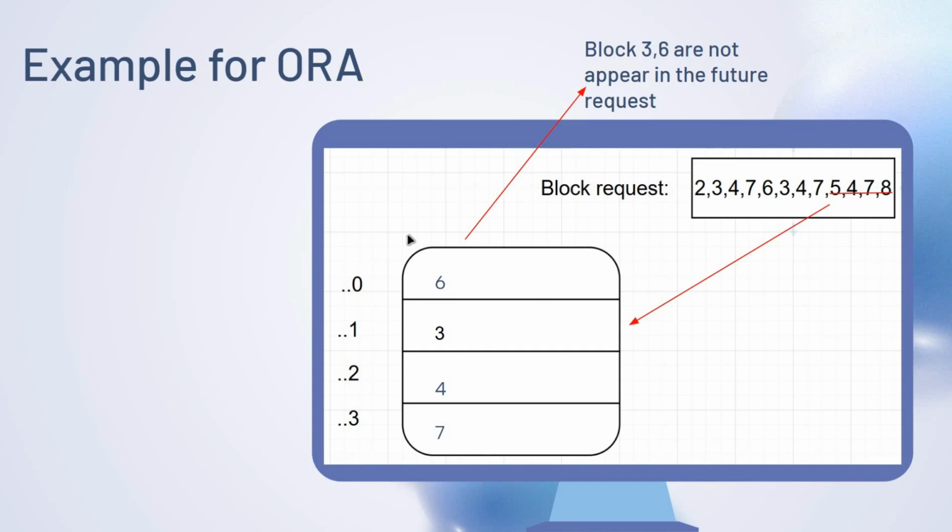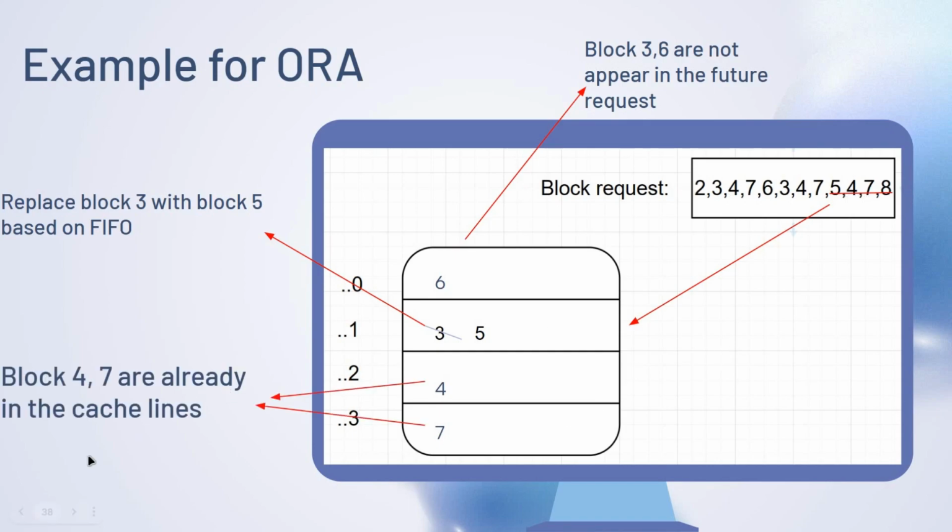But just remember again about first in first out. It means that what rolls in first will roll out first. Here we can see block number 3 rolled in first, so block number 3 also has to roll out first to be replaced by block number 5. Blocks number 4 and number 7 are already in the page line, so we don't need to replace.